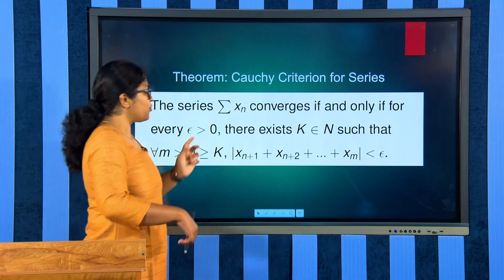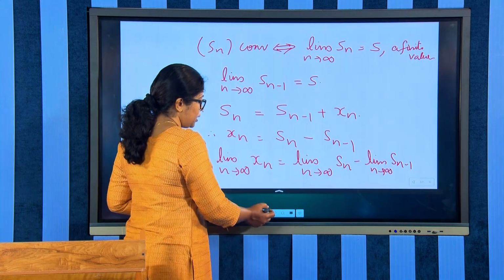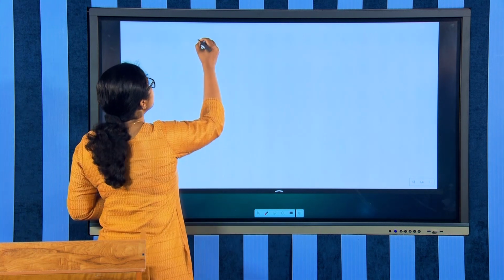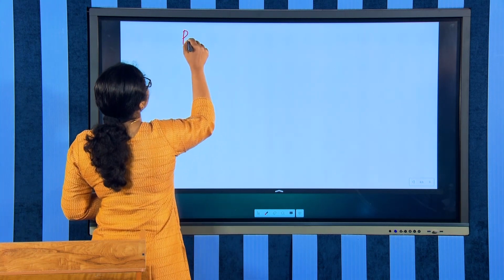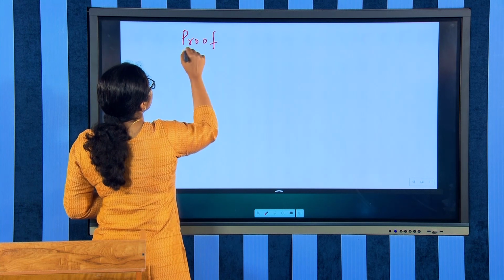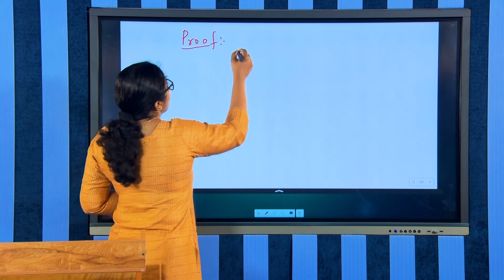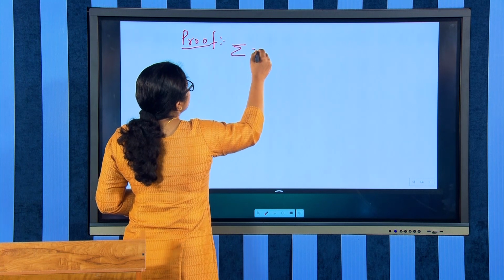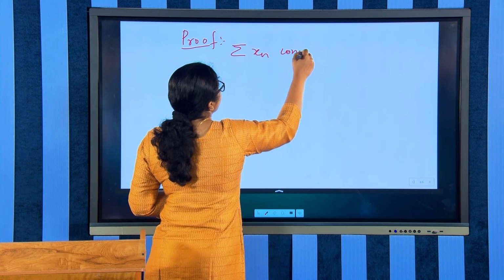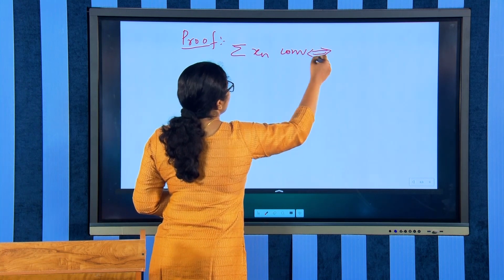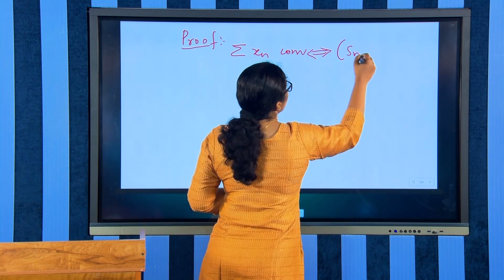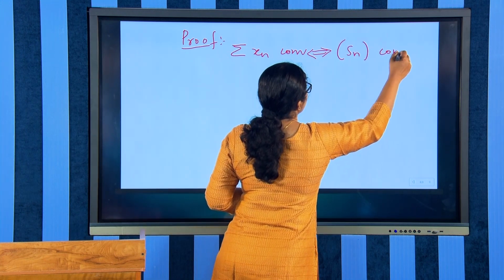Now, the proof also follows from the concept that a series converges if and only if the sequence of partial sums converges. So, we have the proof. Given summation xn converges, this is if and only if the sequence Sn of partial sums converges.